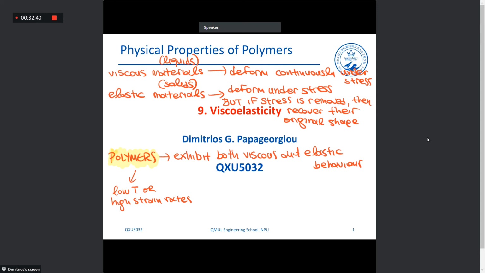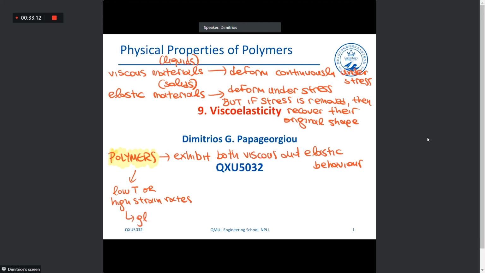Low temperature or very high strain rate. When we apply very fast strain to the polymer, what is the behavior? I got one answer. Indeed, the behavior is glass-like.